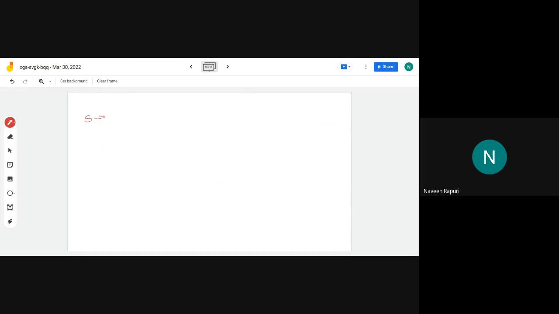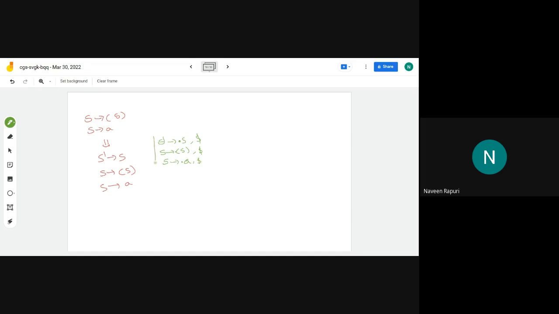S derives (S) and S derives small a. By writing the augmented grammar, S dash derives S. S dash derives dot S comma dollar, and S derives dot (S), here it is also dollar, and S derives dot a comma dollar.